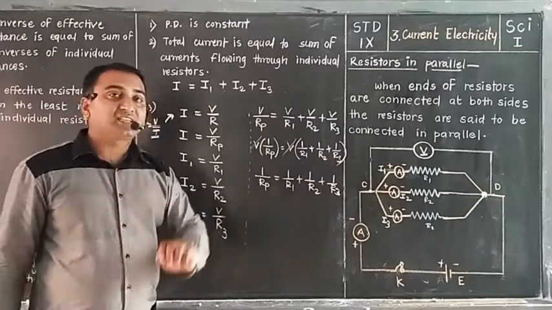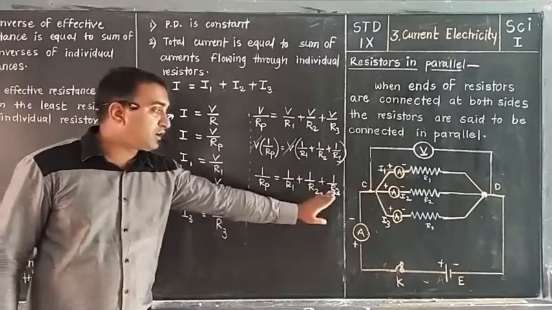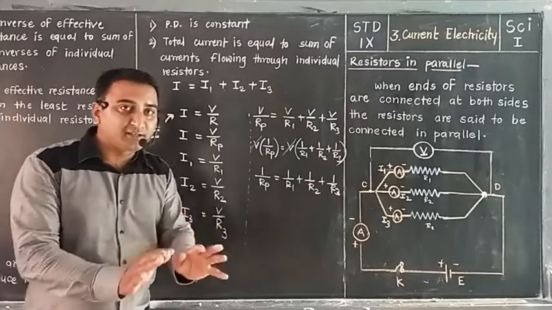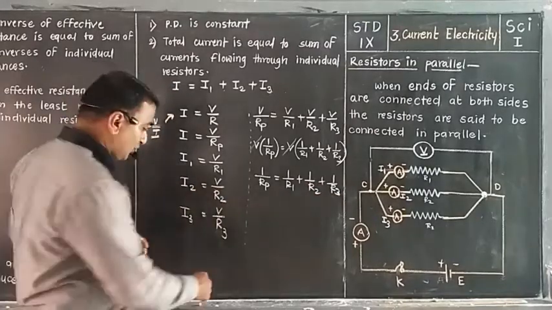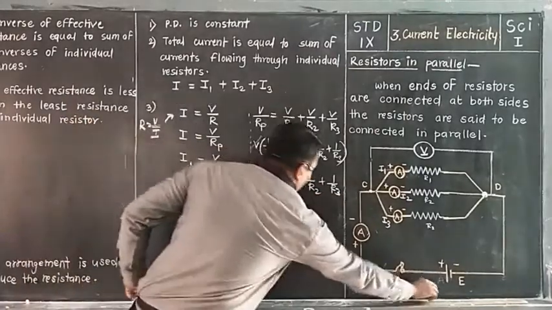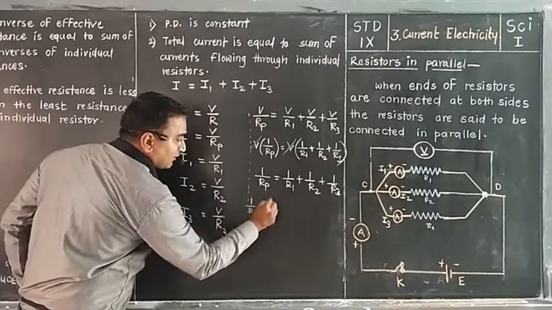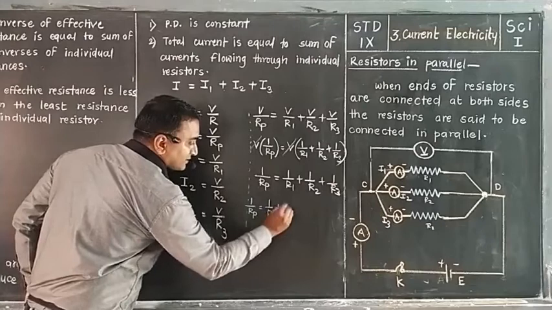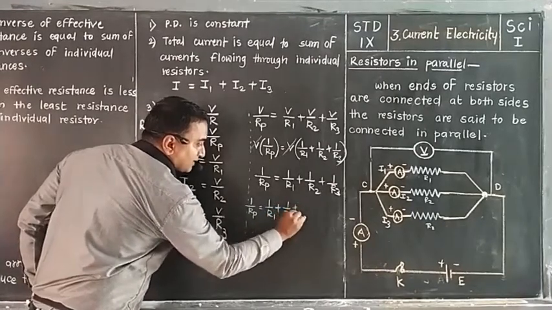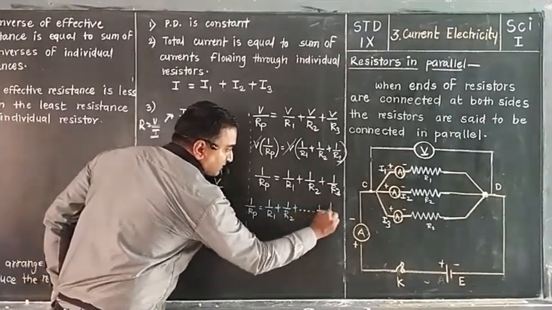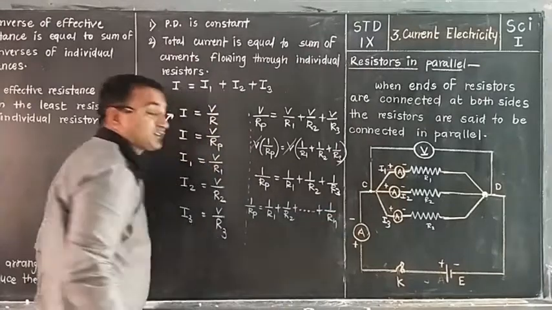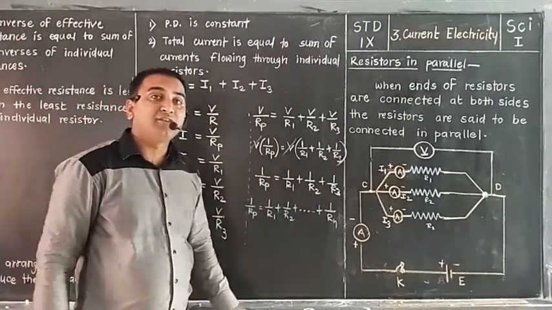Suppose only 3 resistors are there, then the equation stops here. But if you have combined many resistors, you have to write 1 upon Rp is equal to 1 upon R1 plus 1 upon R2 plus so on plus 1 upon Rn for n resistors.